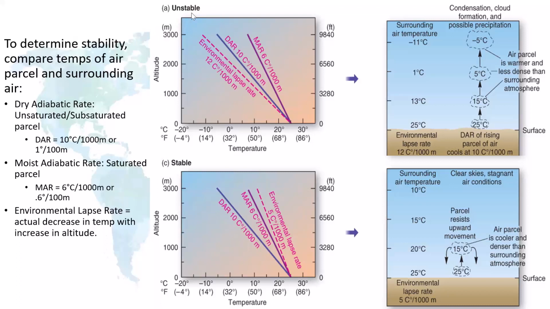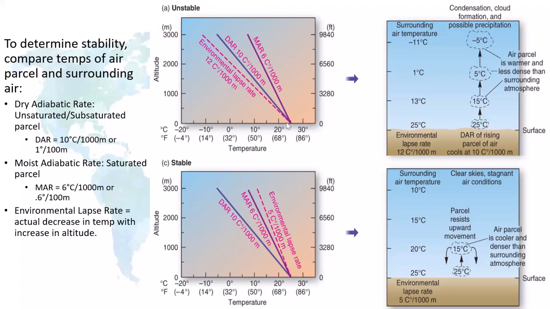If it is unstable, we know that the air parcel is going to rise. So the environmental lapse rate is going to be the temperature of the environment, or of the air surrounding our air parcel. If this is cooler than our air parcel, then we know that our air parcel is going to rise because it is warmer than the air in the environment, making it unstable because the air parcel is rising.